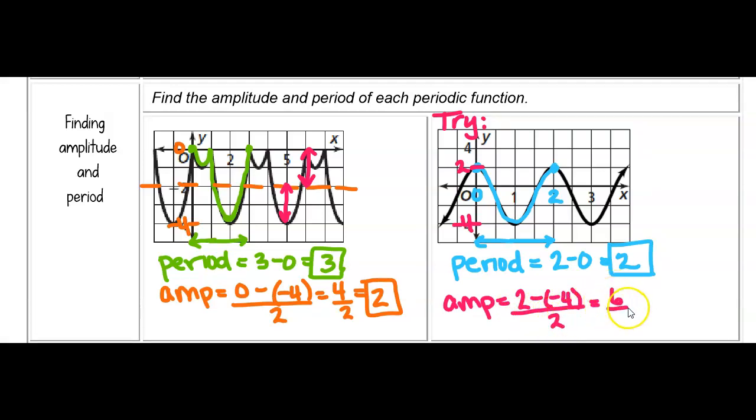So 6 divided by 2 is 3. So again, if you were to draw a dashed line through the middle of your graph, like that, you can see from that line, you're either going up 3 or down 3. Okay, so let's take a look at our last example.